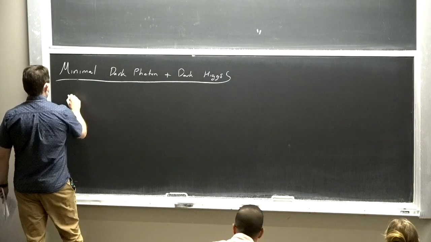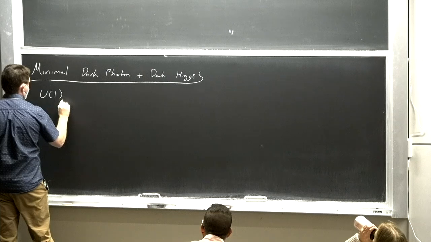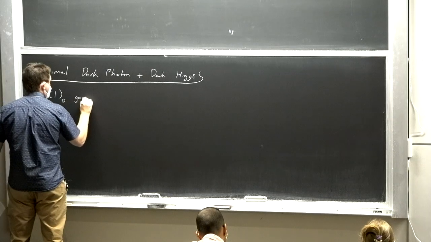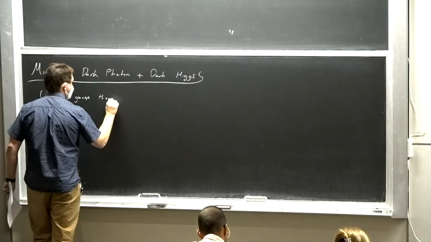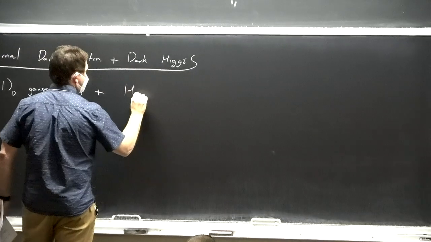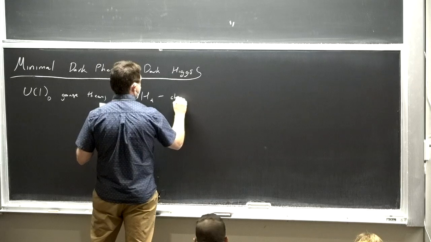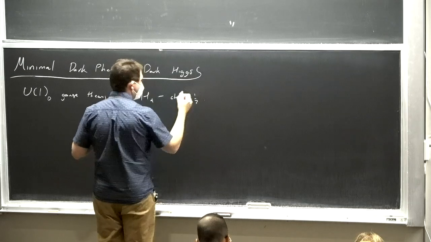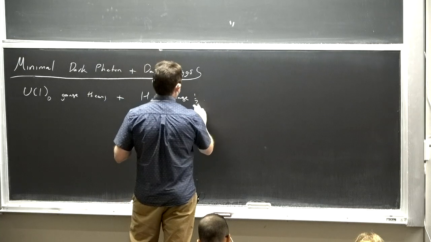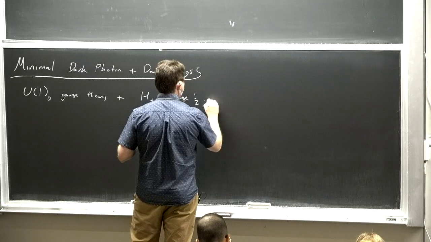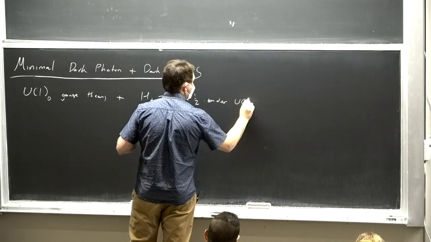Okay, so this is a U1 dark gauge theory plus now our H_D state, which I'm going to just give charge 1/2. We could give it charge 1. It doesn't matter under U1_D.